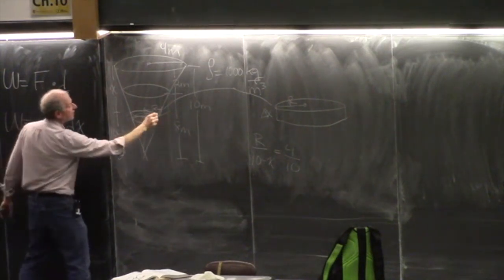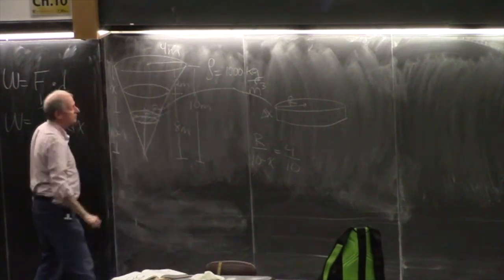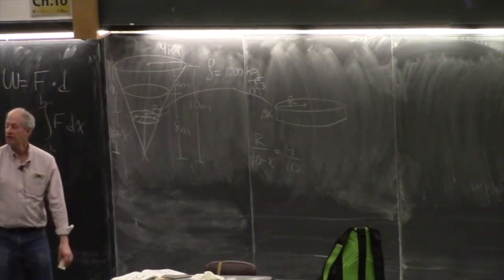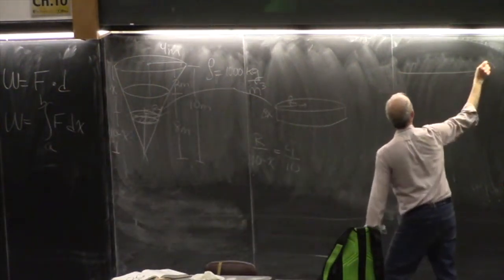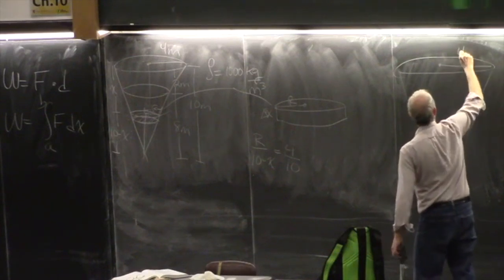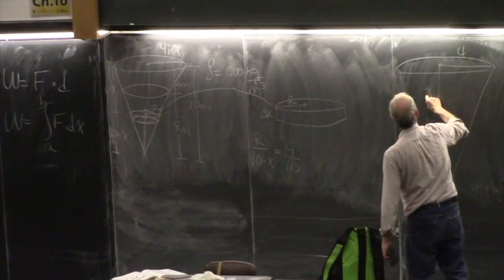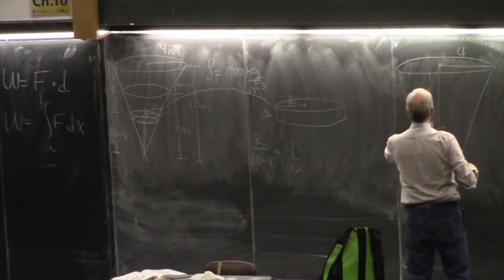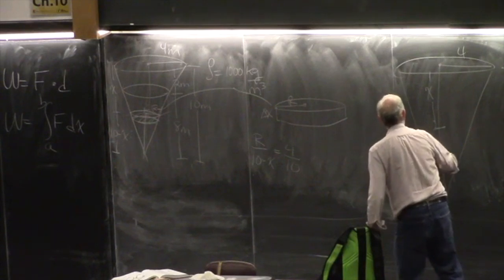So you have a triangle right here. You have the cone: this is 4, this is 10, this is x, and this is 10 minus x right here.